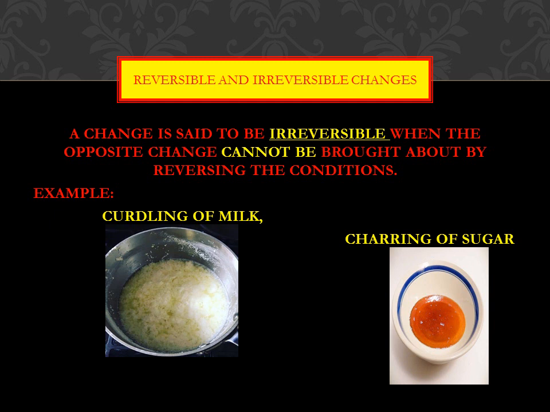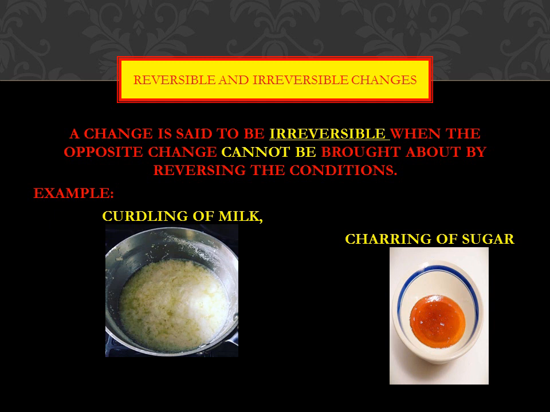Next example is that of charring of sugar. You know that sugar, when heated, swells to form a brown substance which finally gets charred. That is, it forms a black mass. But the charred mass on being cooled does not give back sugar again. So again, it's an irreversible change.